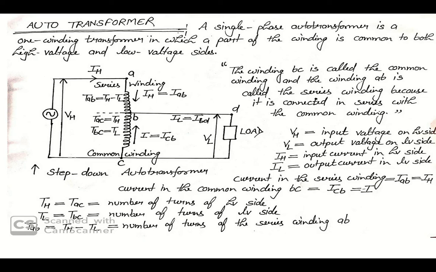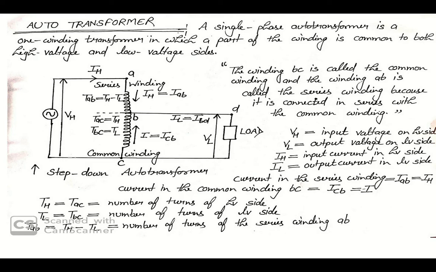Now what are the disadvantages of the auto transformer? In an auto transformer there is a loss of isolation between input and output circuits. This is particularly important in three-phase transformers, where one may wish to use a different winding and earthing arrangement on each side of the transformer.